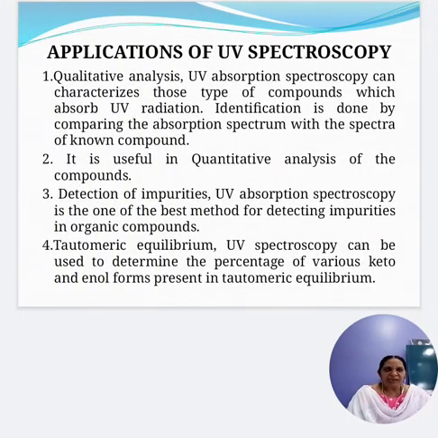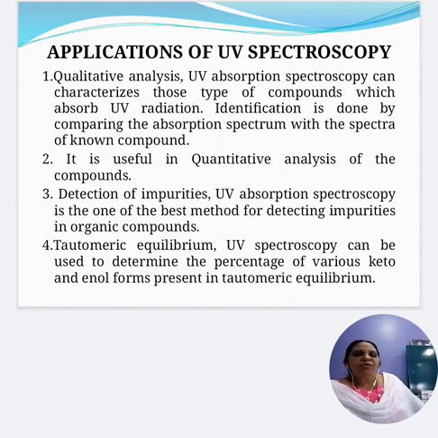Coming to the applications, where ultraviolet spectroscopy is most used. The first is qualitative analysis. Qualitative analysis by ultraviolet absorption spectroscopy can characterize those compounds which absorb UV radiation. Identification is done by comparing the absorption spectrum with the spectrum of known compounds.